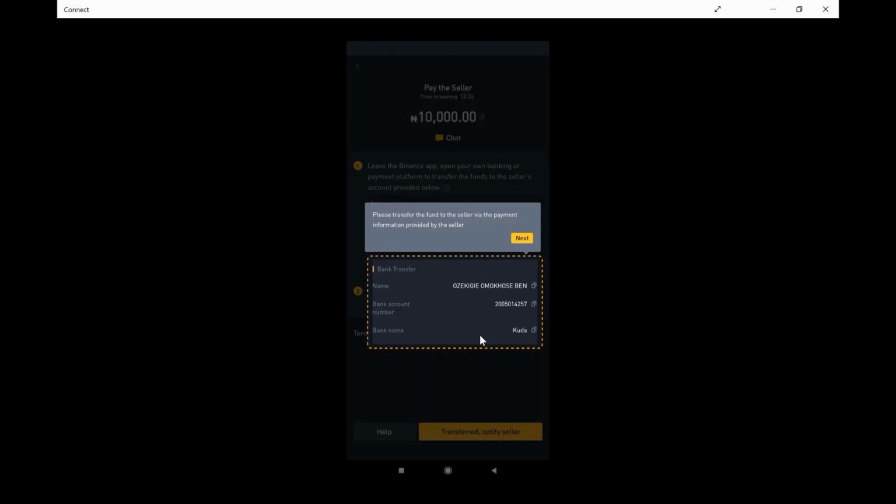Do not use any other thing. If you see anything different from what is here, do not make that payment. If the person chats you up and starts giving you another account number via the chat platform, just cancel. Do not go ahead and make that payment.